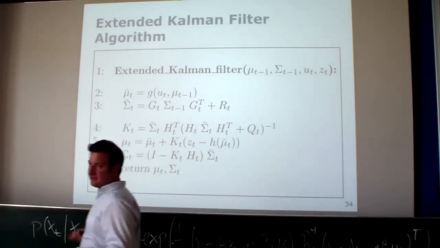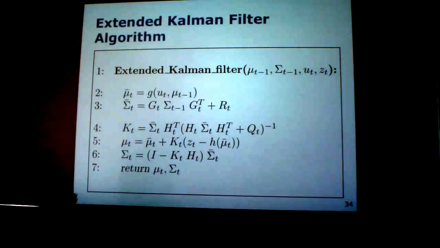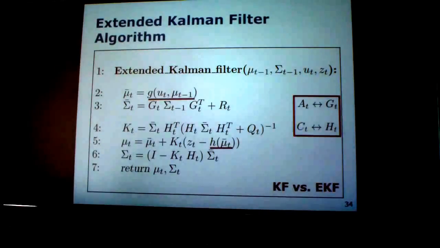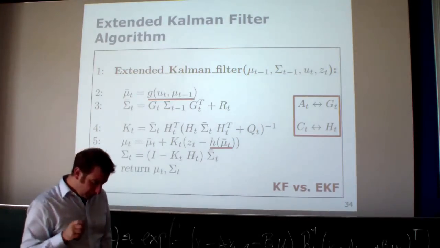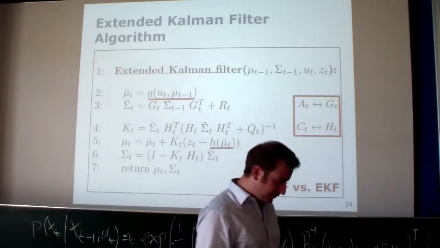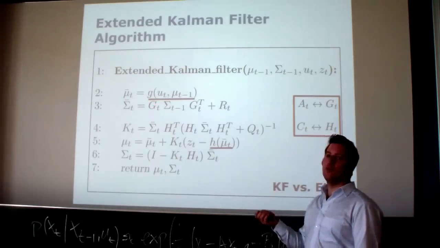So this was the extended Kalman filter. The only thing which changes with respect to the Kalman filter is that I here have my function g, and here I have my function h. What also changes is that I have to transform my uncertainty, my covariance matrix, also by the Jacobian.